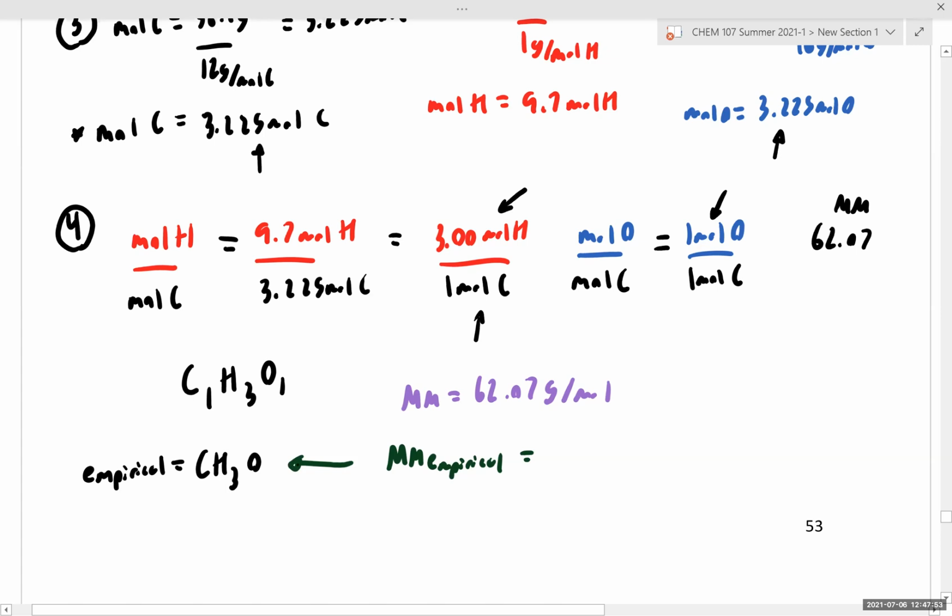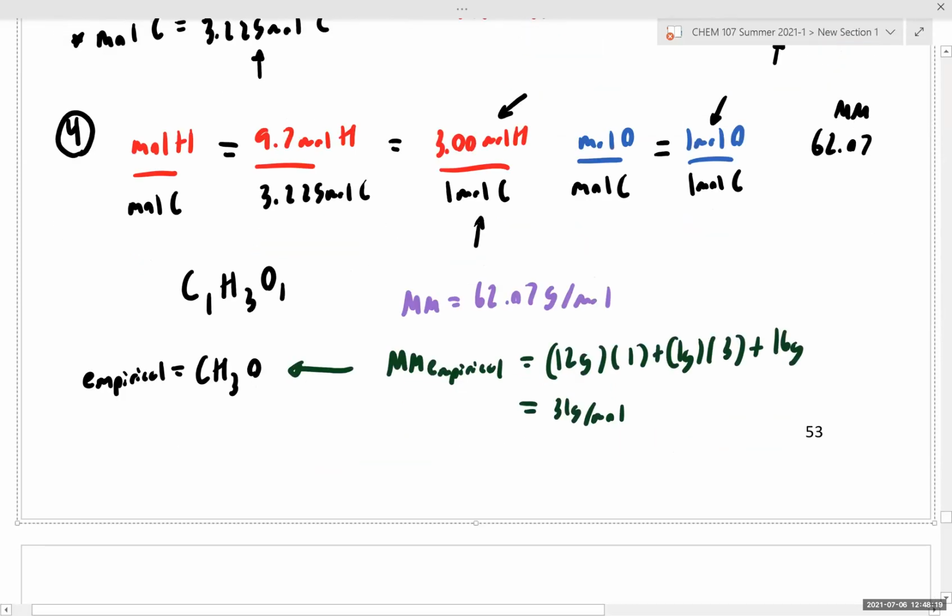Would anyone be able to share that in the chat? 31. We have 12 grams from carbon, 1 gram times 3 from hydrogen, and 16 grams from oxygen. So we have 12 plus 3 plus 16. That gives us 31 gram per mole.